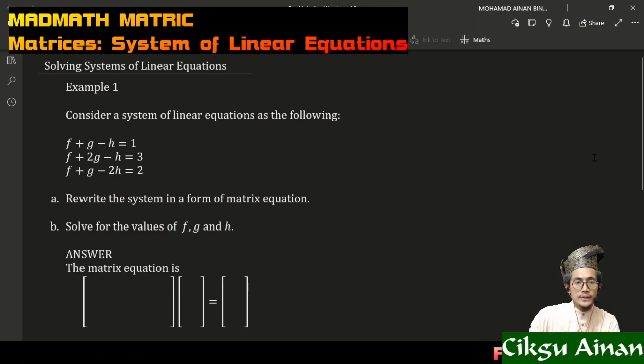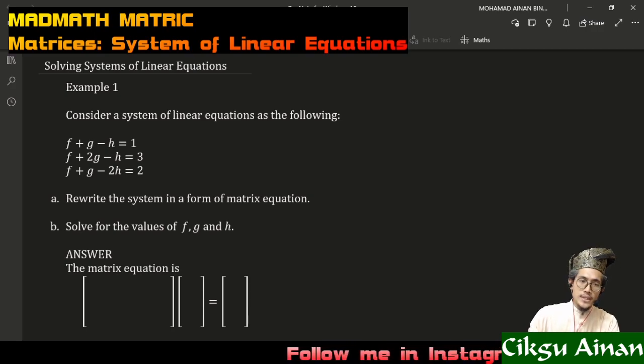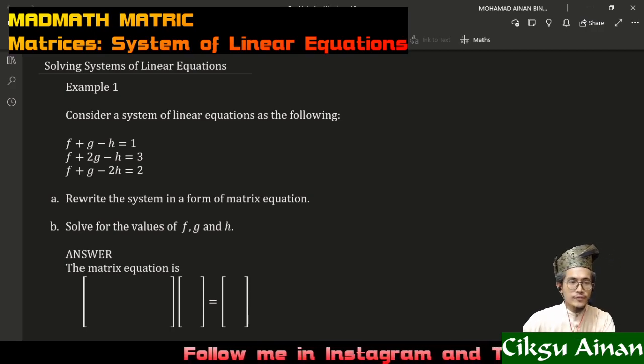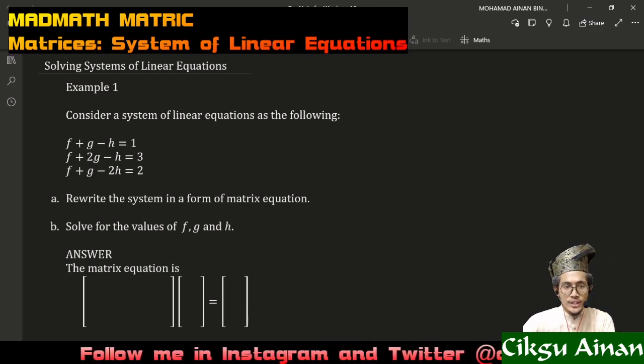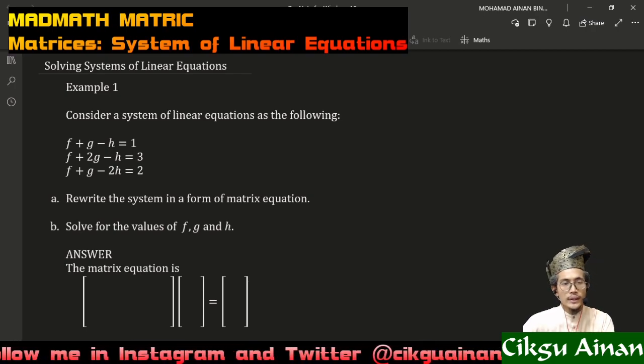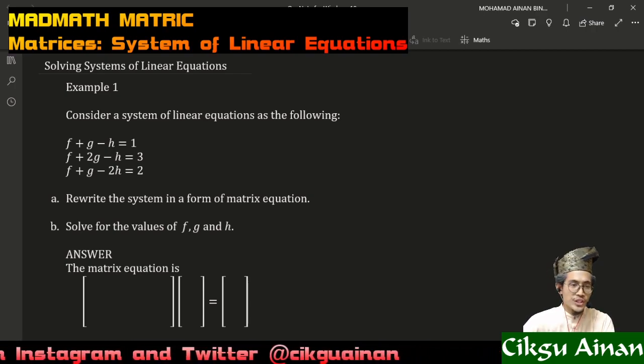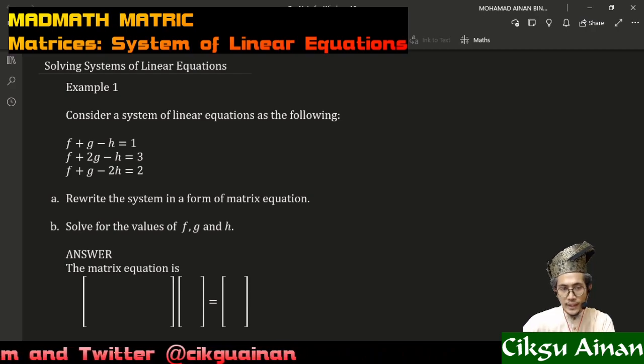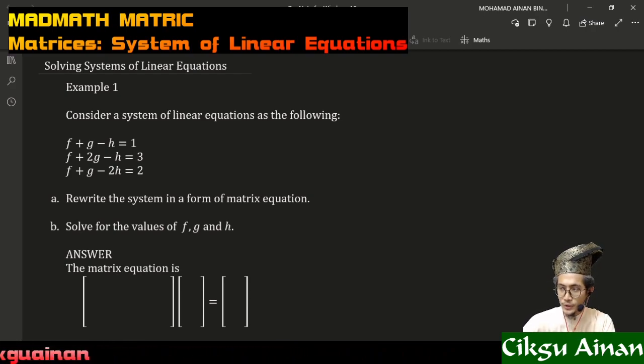We have a system of linear equations as the following: f plus g minus h equals 1, and the second one, f plus 2g minus h equals 3, and f plus g minus 2h equals 2.